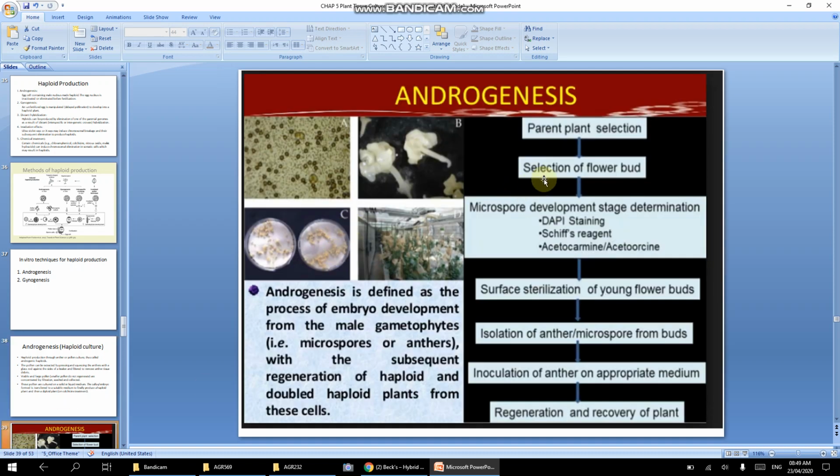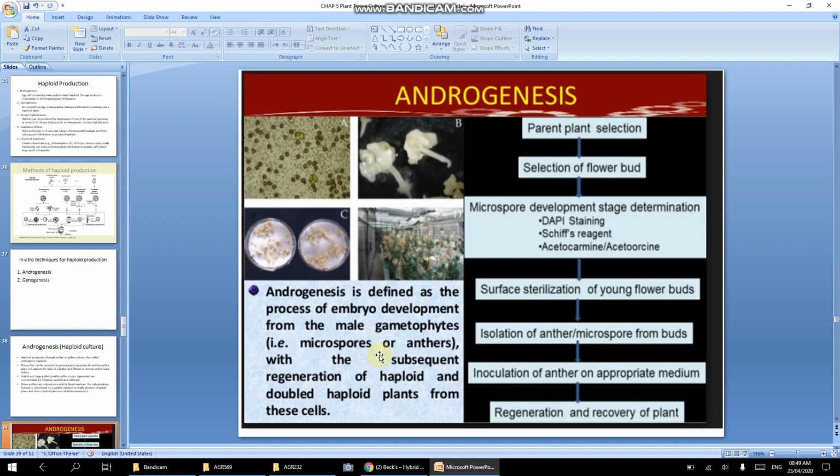Okay, so parent plant selection of flower bud: you sterilize a young flower bud, and you can regenerate. So you get it from the male gametophytes, such as the anther.